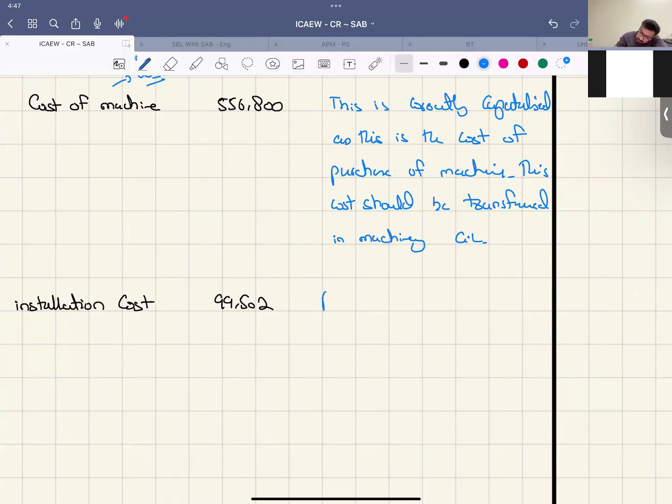99,502. Now what's that? As this is part of bringing the asset into workable condition, since this cost allows our asset to be in workable condition, it's correctly capitalized.